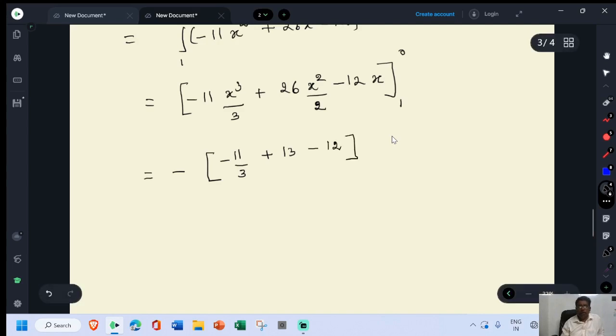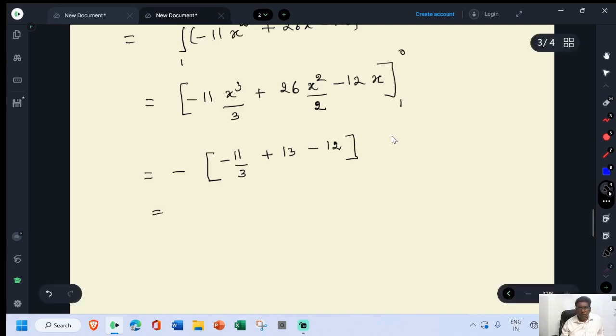Once again, the upper limit is 0, so everything vanishes. Minus of the lower limit: minus 11 by 3 plus 13, because 26 by 2 is 13, with x equal to 1 so x square is also 1, then minus 12 into 1, minus 12.